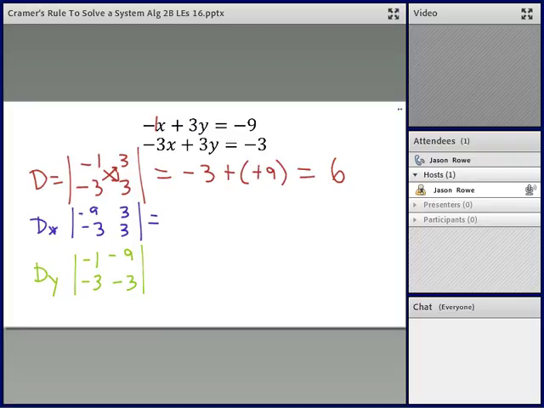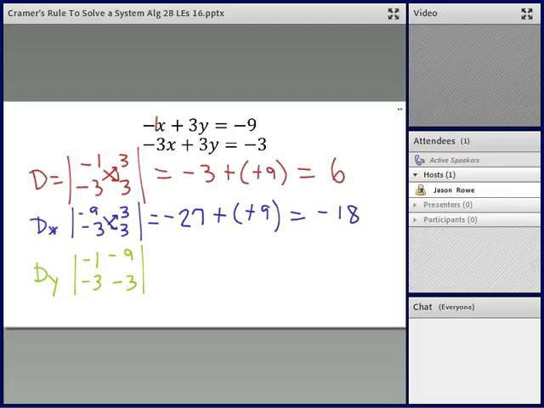Okay, my dx matrix, down: -9 times 3 is -27, minus the up: -3 times 3 is -9. Keep change there again. That's going to give me -18.